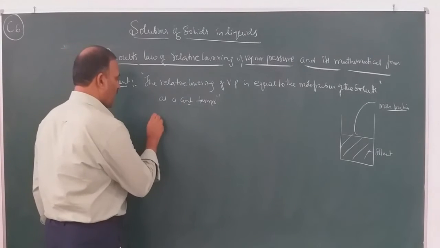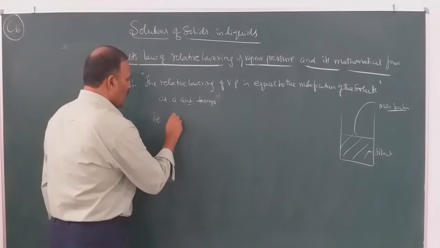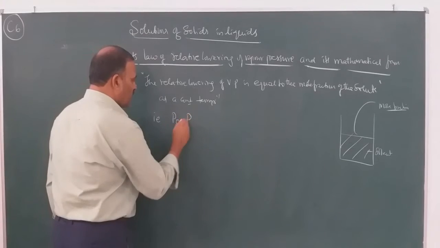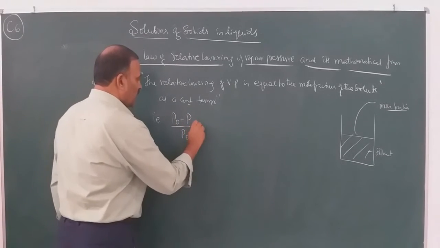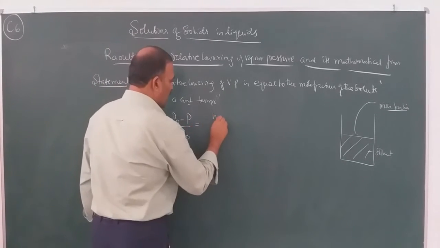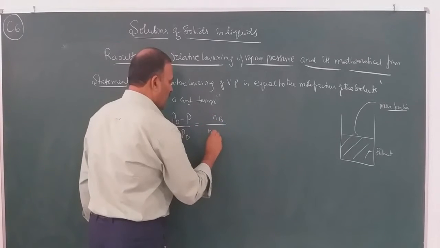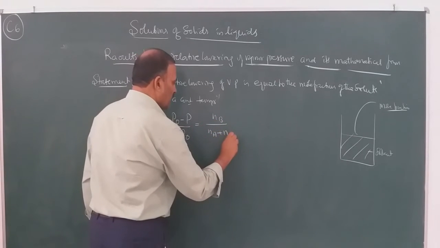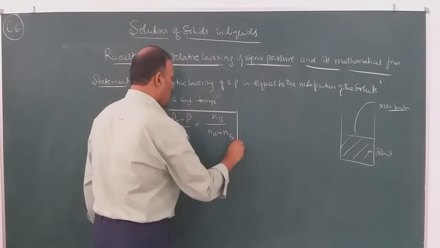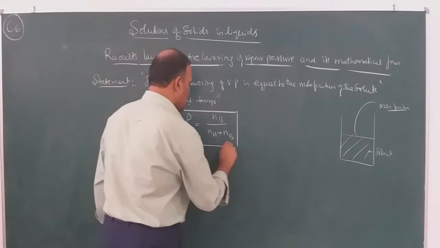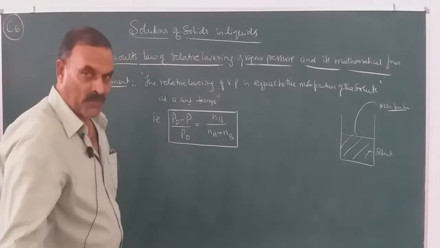That is, P naught minus P by P naught equals Nb divided by Na plus Nb. So this is the mathematical representation of Raoult's law.